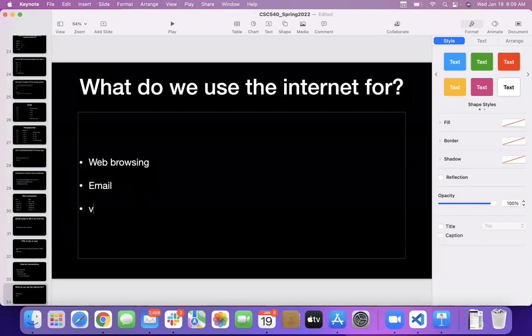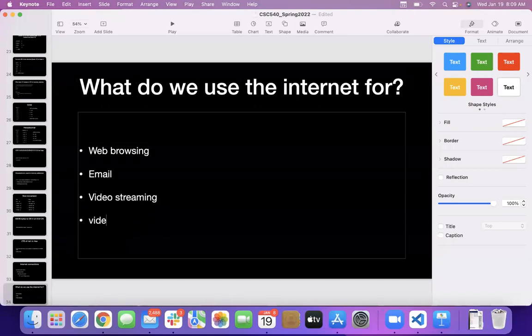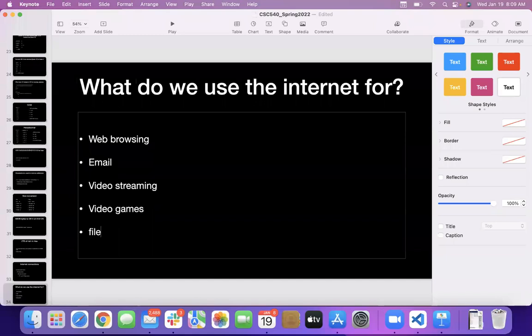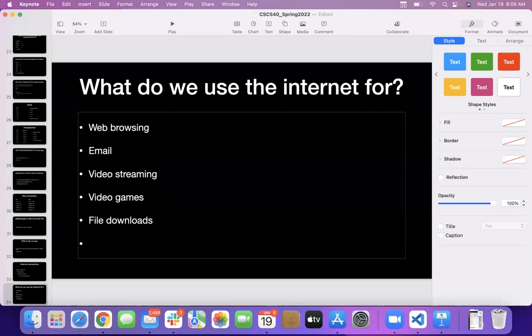Email, video streaming, video games, maybe file downloads, and let's just call it something like online chat. All right, so let's just leave it at that as our range of things we might use the internet for. And actually, let's say file downloads, uploads.